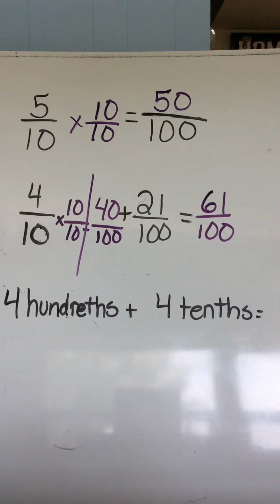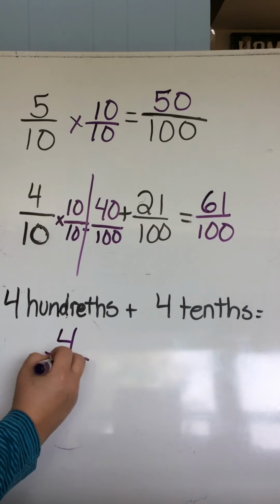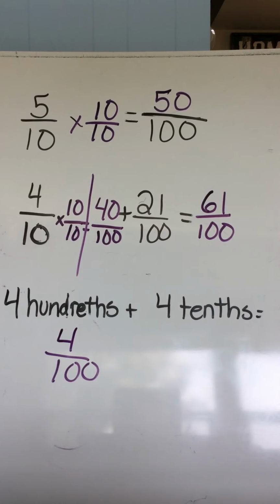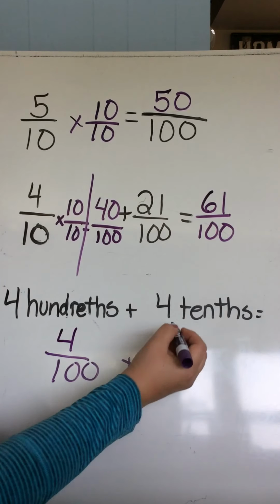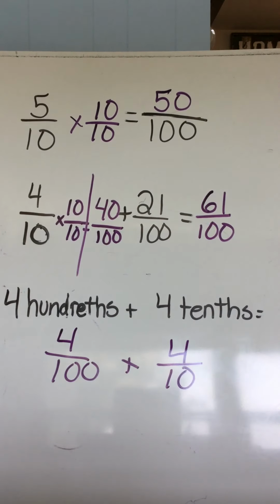I want you to go ahead and write it in number form. So 4 100ths would look like this. This way you can easily see it. And 4/10 would look like this. Now, you cannot add these two fractions together. Why? Because they don't have the same denominators. So you have to go ahead and find an equivalent fraction.